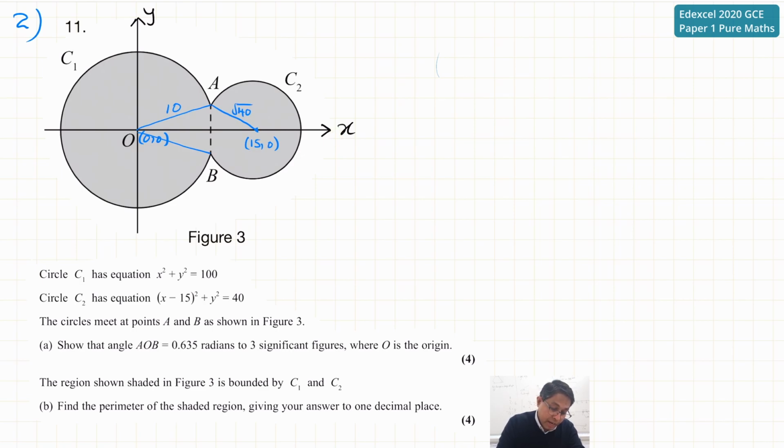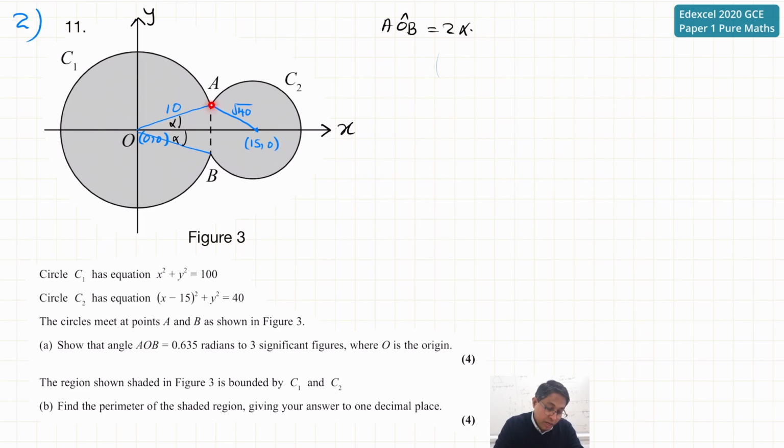You can see in the diagram, the x-axis is a line of symmetry. Therefore, if I take this angle as alpha and this angle also alpha, so angle AOB is 2 alpha. If you can find alpha, then we know angle AOB. Here we have a right angle triangle. Therefore, if you know this length, you can use the sine ratio to find this angle.